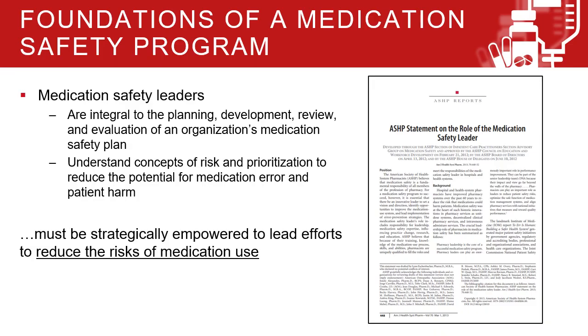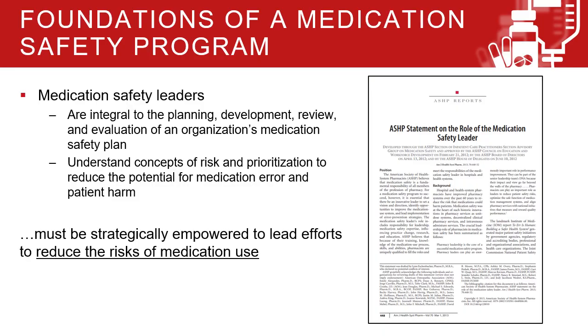As medication safety leaders, we must not only develop an ability to identify and assess risk within our organizations, but also be strategically empowered to lead efforts in mitigating medication-related harms. Risk identification is a foundational element of medication safety because it allows us to proactively address system vulnerabilities before errors reach patients.